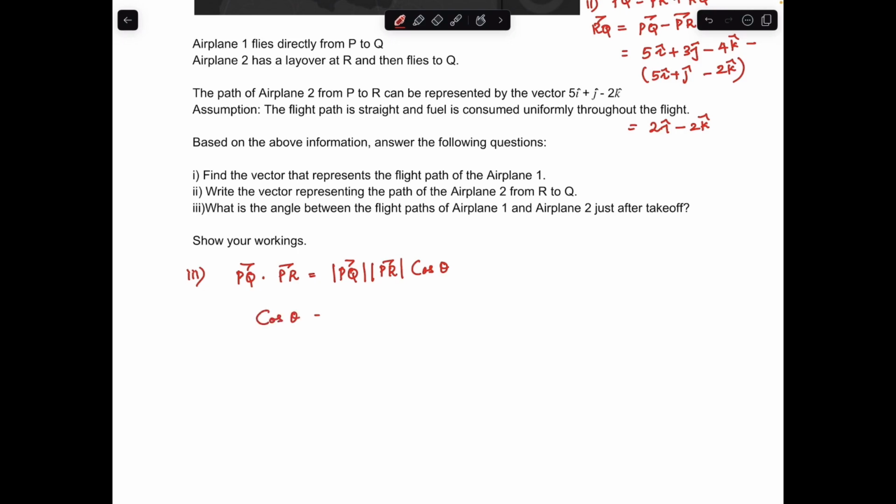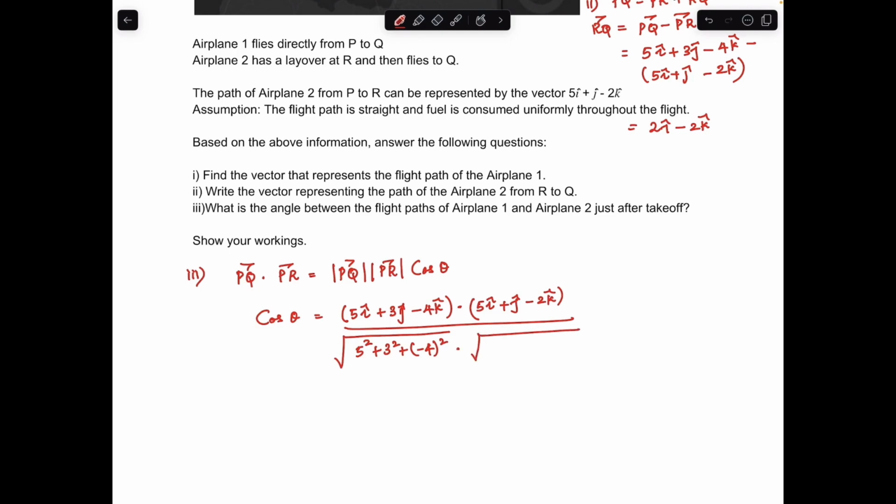So cos theta is equal to PQ vector, 5i + 3j - 4k, dot 5i + j - 2k, divided by magnitude of PQ, which is the square root of 5 squared plus 3 squared plus (-4) squared, into magnitude of PR, the square root of 5 squared plus 1 squared plus (-2) squared.